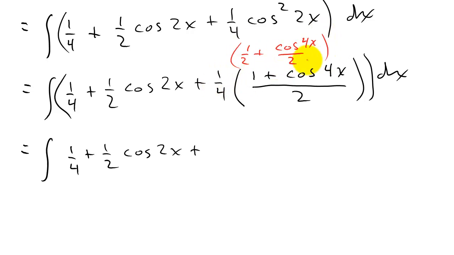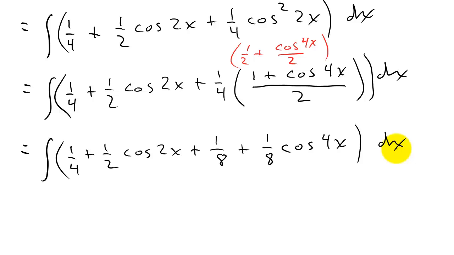And I distribute the 1/4. So that's going to give me 1/8 plus 1/8 cosine 4x dx.